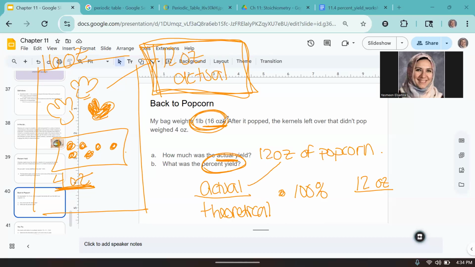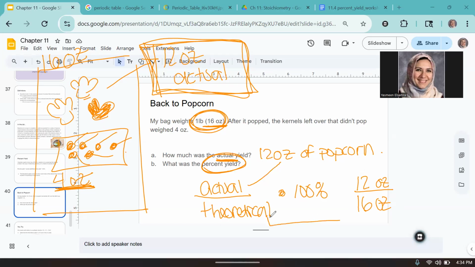So theoretically, in a perfect world where no external factors make changes to what we do in life, you should have had 16 ounces of popcorn. You should have popped that bag of popcorn, and every single one of these kernels should have popped and given you popcorn. So in total, we should have had 16 ounces.